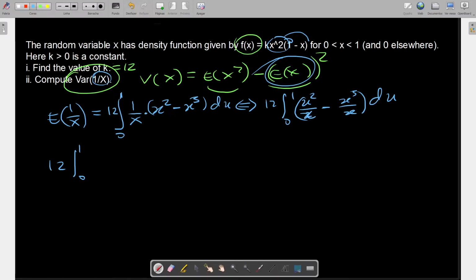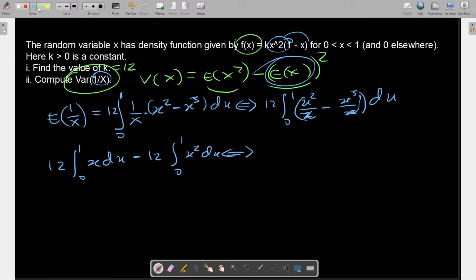So we are cancelling out, so instead of x squared, we are removing 1 from there. So we have x dx minus 12 from 0 to 1. We are removing 1 from this side, so we have x squared dx. We have not integrated yet. We're going to do that right now.